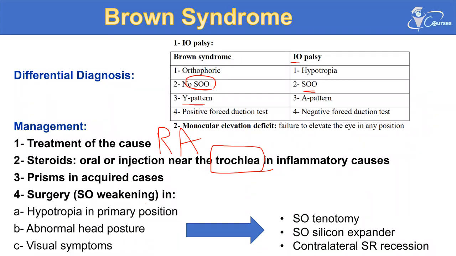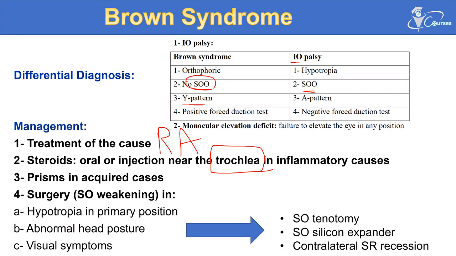For those patients, they have a limitation of elevation in adduction, so we want also to limit the depression in adduction, which is the action of superior oblique, to just align the eye in the primary position. And again, this is not in all cases. As in any case of restrictive strabismus, this can be done for hypotropia in primary position, abnormal head posture, and if there is any visual symptoms like diplopia.